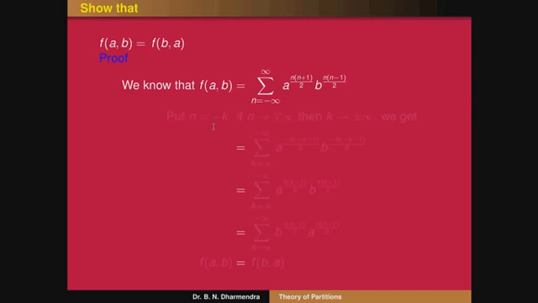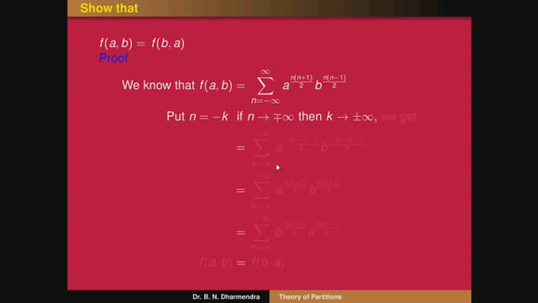You can observe that when we put n equal to minus k, as n tends to minus infinity, k tends to plus infinity, so the limits are interchanged. If n is equal to minus k, then k runs from plus infinity to minus infinity.